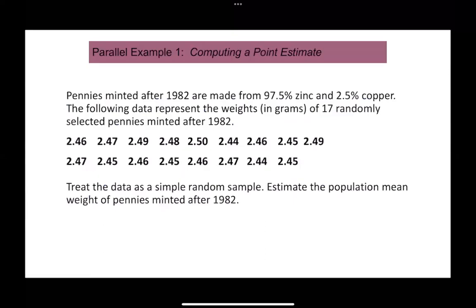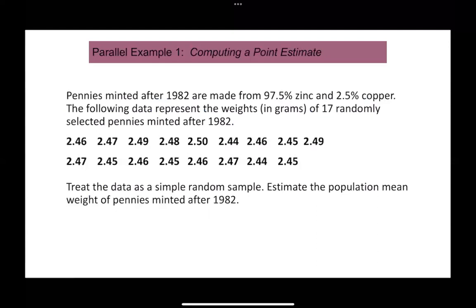All right, so I have a bunch of data here. A long time ago in chapter 8, we had a bunch of pennies. This is a sample of those pennies. So we have 17 randomly selected pennies minted after 1982. So we are going to estimate the population mean of the pennies after 1982.